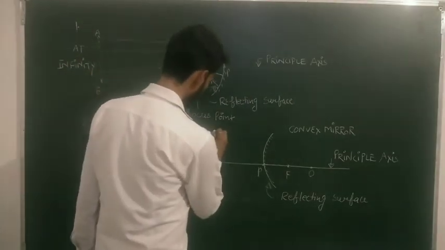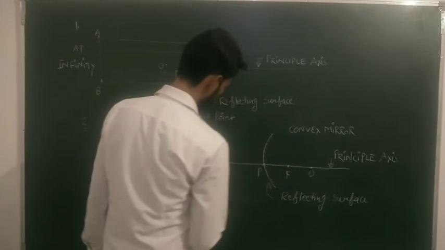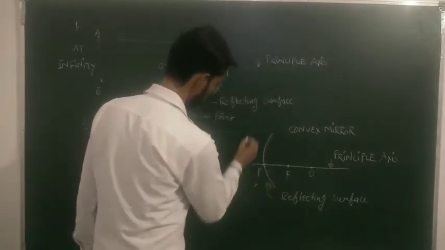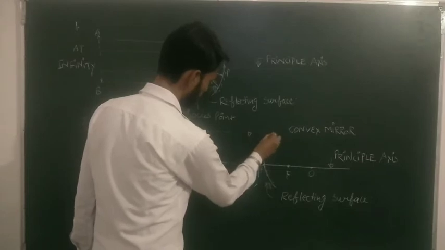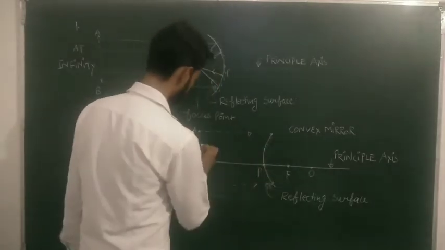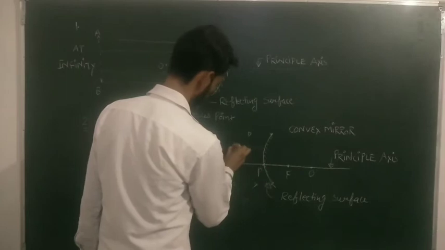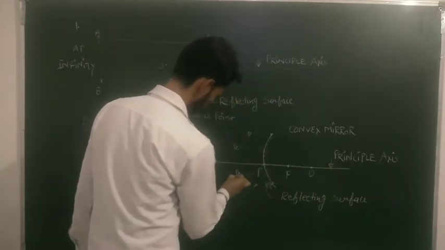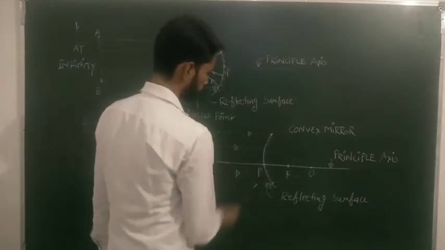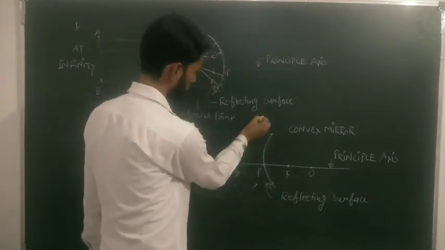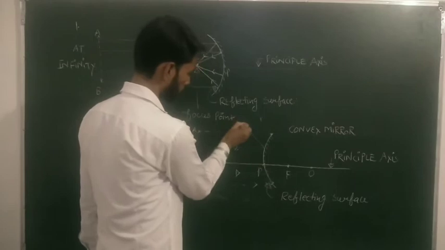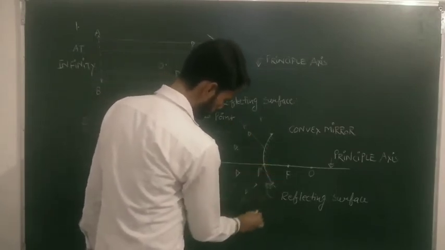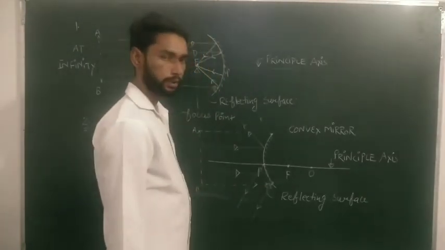All parallel rays coming out from object AB strike this type of surface. After reflection, they go out like this.